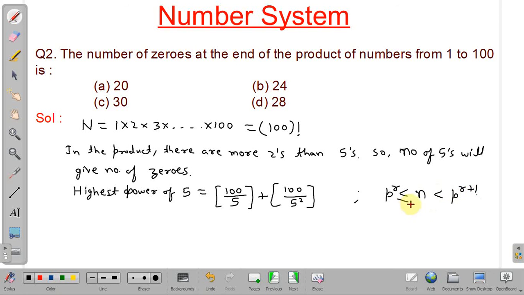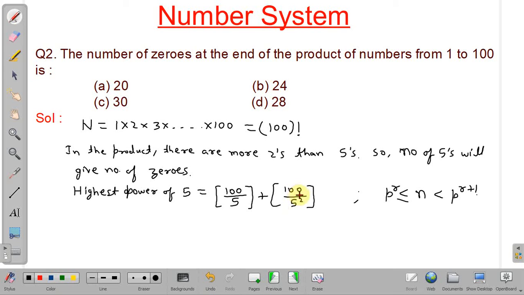You can watch the lecture in the playlist. You can see how to calculate the highest power of a prime factor. Okay, so if we take 5 to the power 3, that will become more than 100.